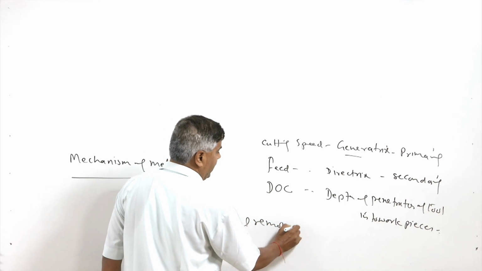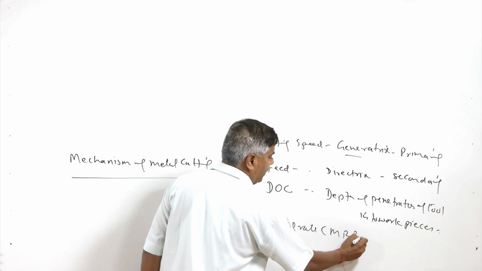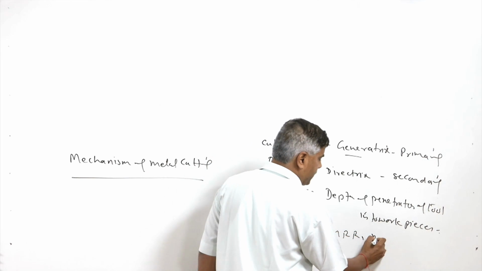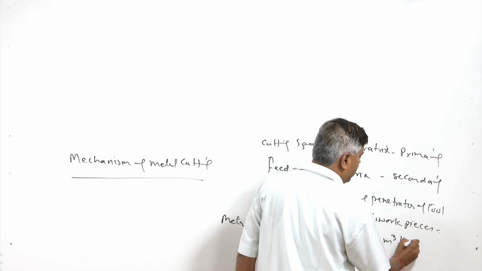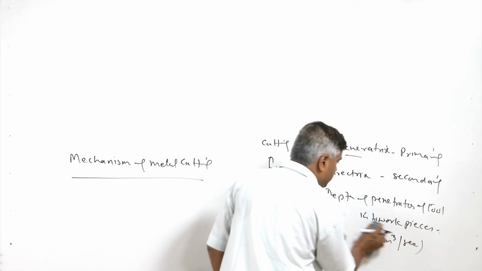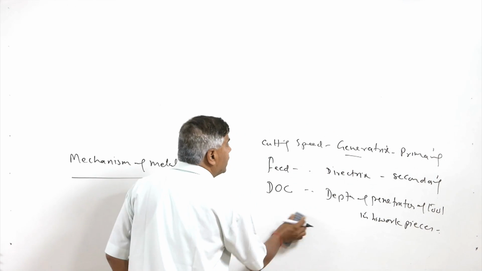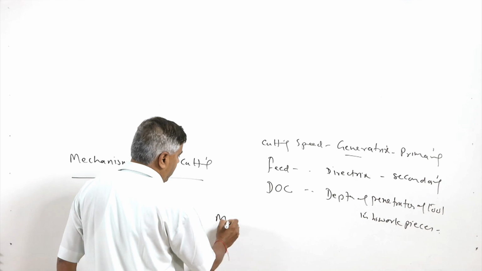Metal removal rate, commonly known as MRR, is expressed in mm cube per second, or mm cube per minute, depending upon the units being used, and all these three parameters determine the MRR.